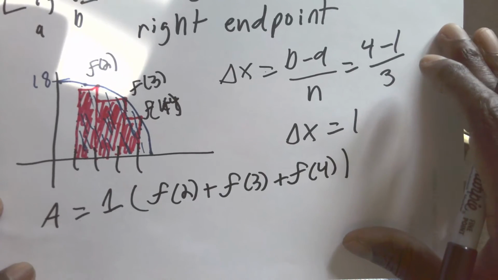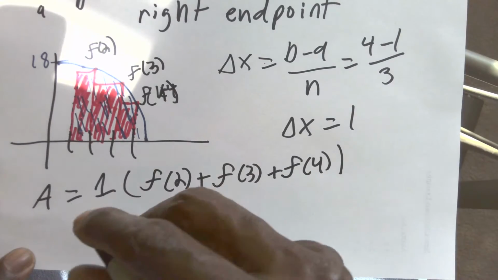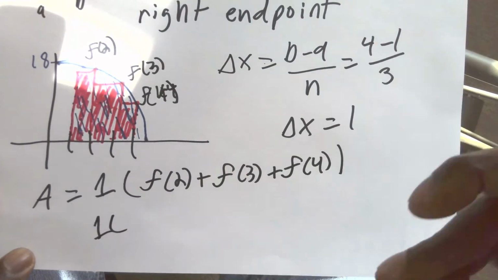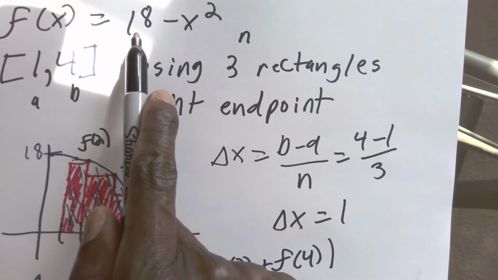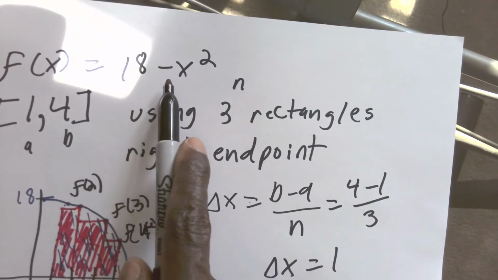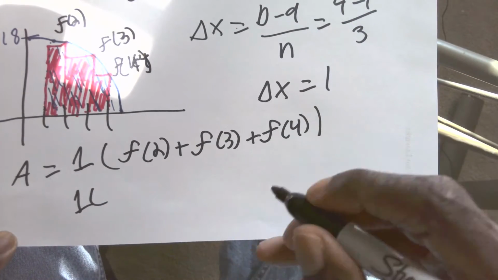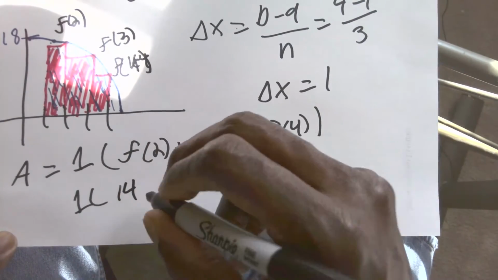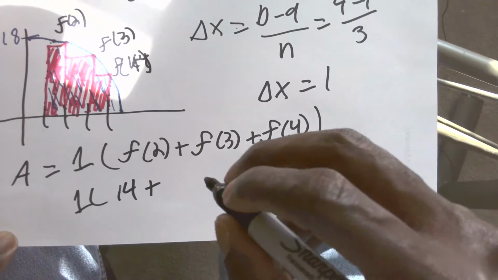And then if we wanted to quickly do that calculation, f of 2 would be 18 minus 2 squared. That's 18 minus 4, that's 14. f of 3 will be 18 minus 3 squared. That's 18 minus 9, that's 9.